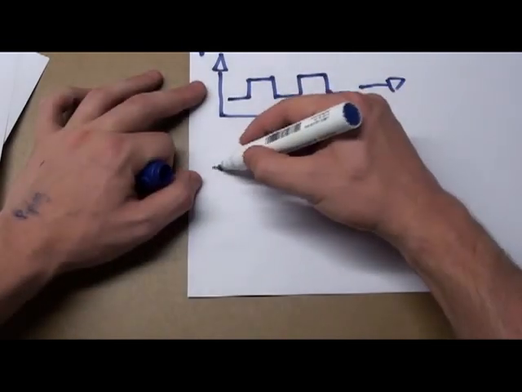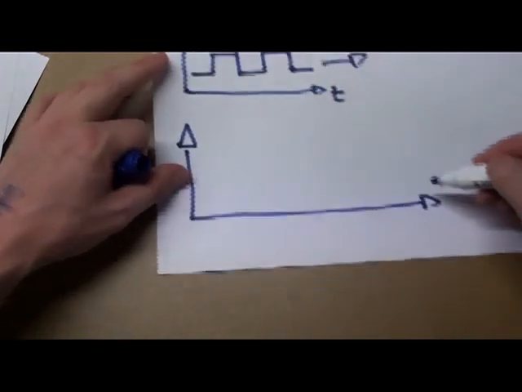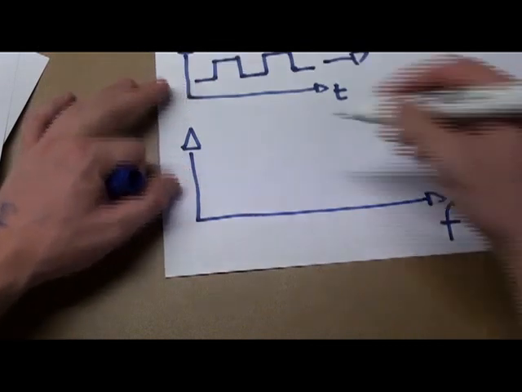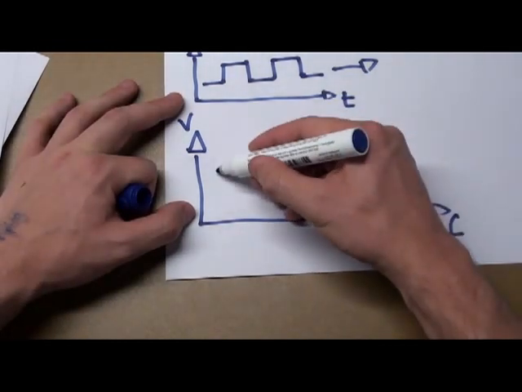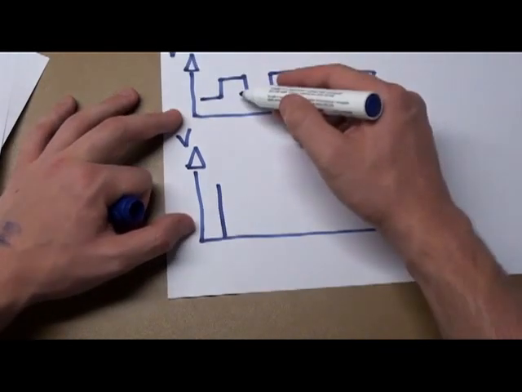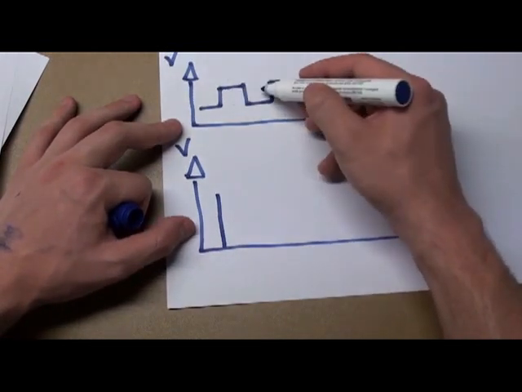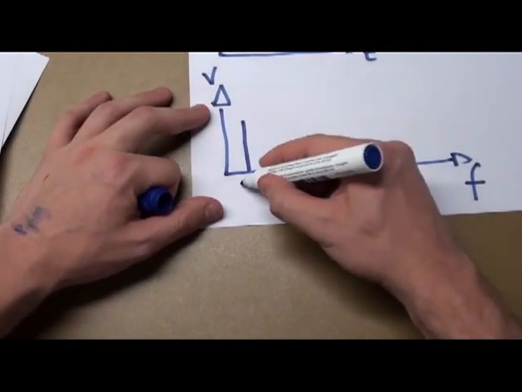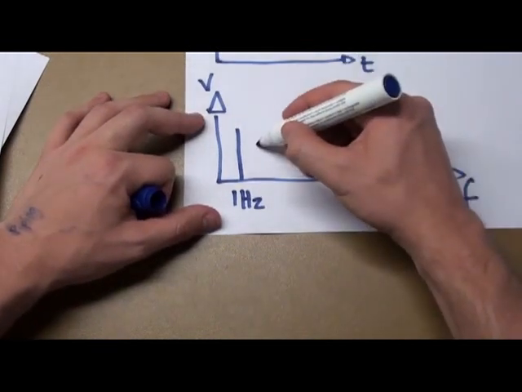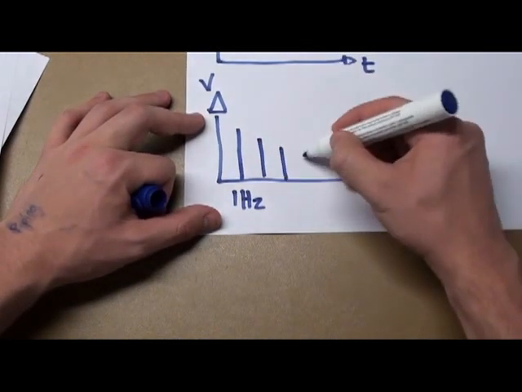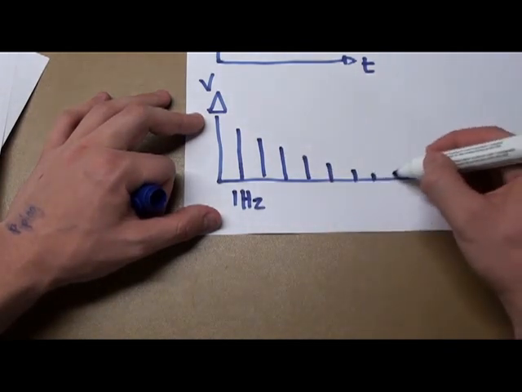Now, this is really starting to stretch things, but if we call this the frequency domain, a square wave actually looks like this. If this was a 1 Hertz square wave, so it repeats once every second, we would have what we call a fundamental at 1 Hertz, and then you get successively smaller ones that go all the way.